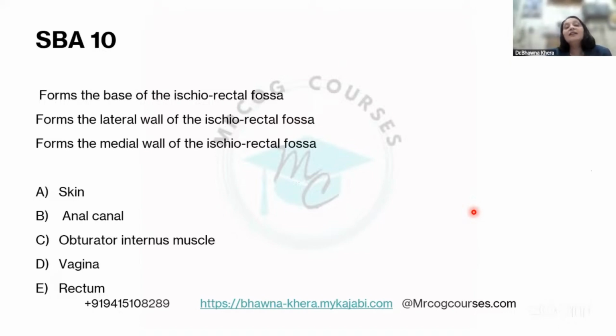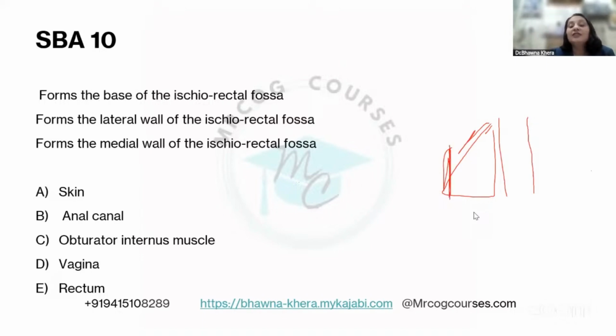What is there in the lateral wall of the ischiorectal fossa? Just let me draw a line diagram. Again, the same concept we are going to use here. So this is the anal canal, and your ischiorectal fossa is the triangular space here. So levator ani, and then here is your obturator internus muscle.